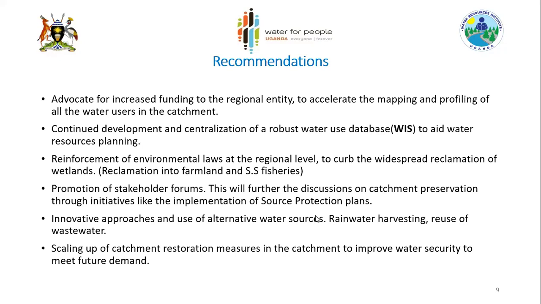For example, if everyone relies on the River Mpanga, we would rather encourage people to do rainwater harvesting and reuse of wastewater, so that we don't stress the limited water resources. That's one of the ways we can manage the skyrocketing future demand.